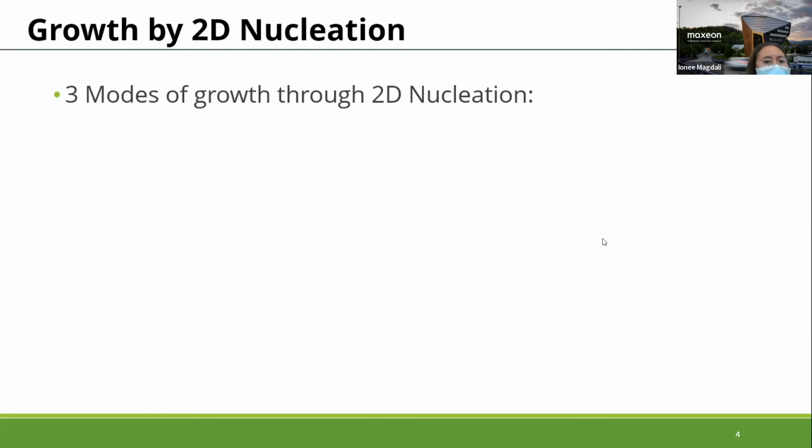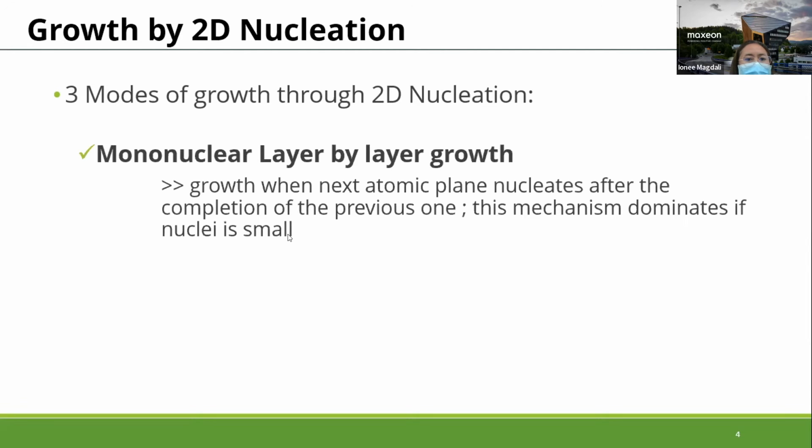So let's now go to the growth by 2D nucleation. We have basically three modes of growth through 2D nucleation. The first one is the mononuclear layer by layer growth. This is the growth when the next atomic plane nucleates after the completion of the previous one.